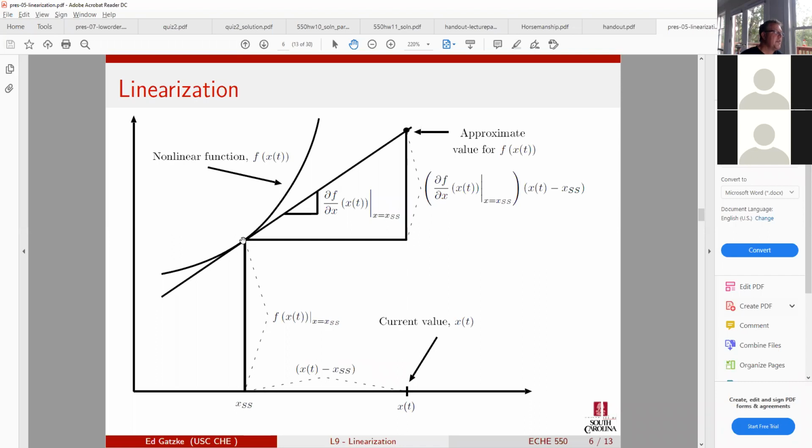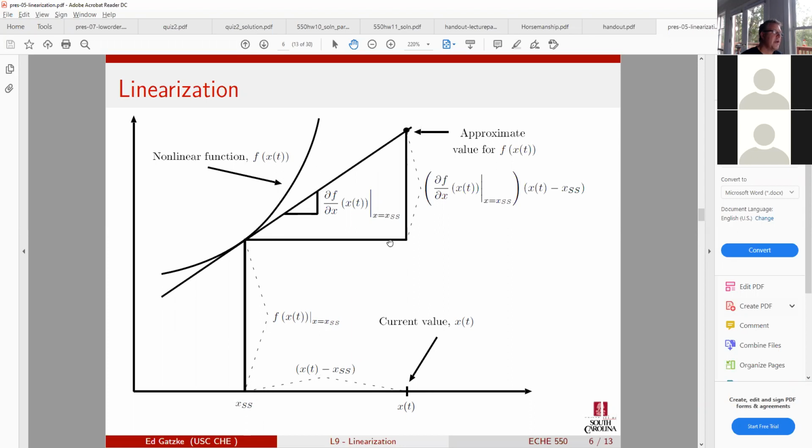If we know the slope at that middle point, that specific point where we're operating, that tangent line will exactly match the nonlinear function when we're at steady state. And as we get further away, as our x variable moves away in this direction, we'll use a slope to approximate that linear line.